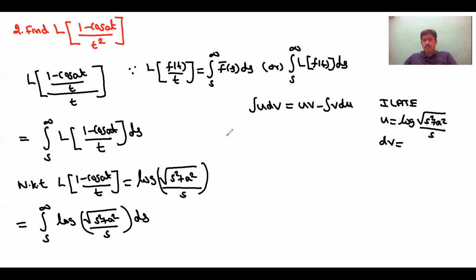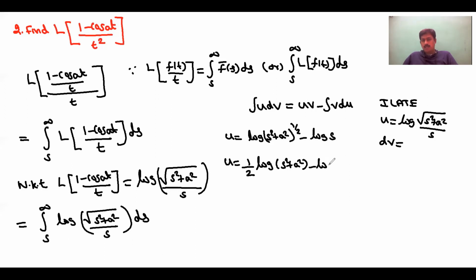To differentiate the term, I can rewrite u as log of (s square plus a square) whole power of 1 by 2, minus log s, since log m by n can be written as log m minus log n. Using the logarithmic property, I can write this 1 by 2 in front of the term, so 1 by 2 into log of s square plus a square minus log s.